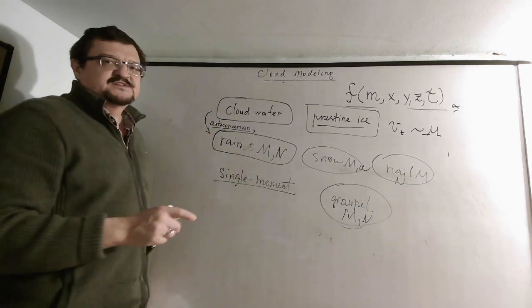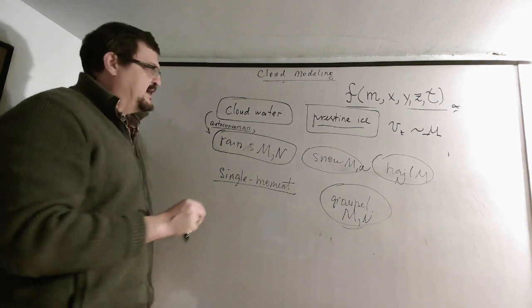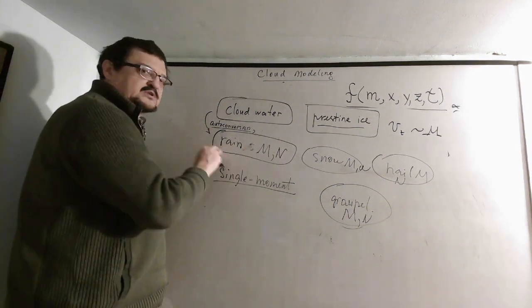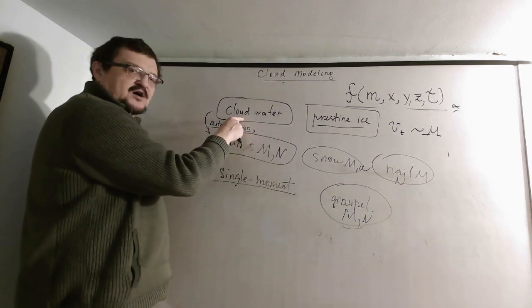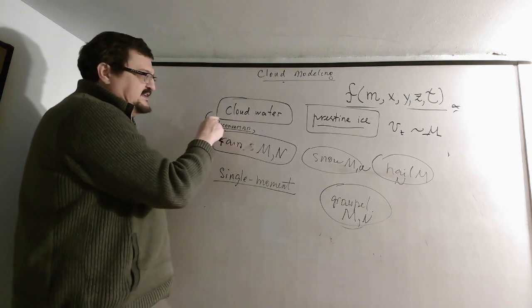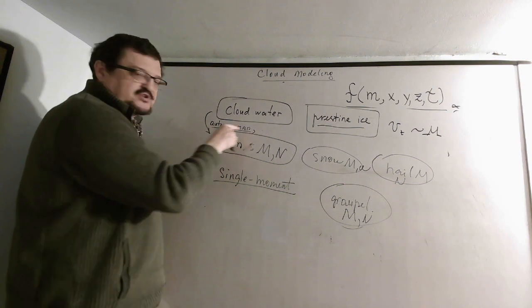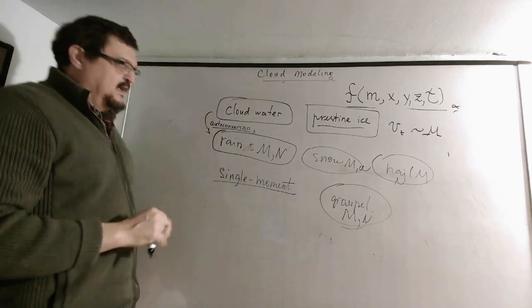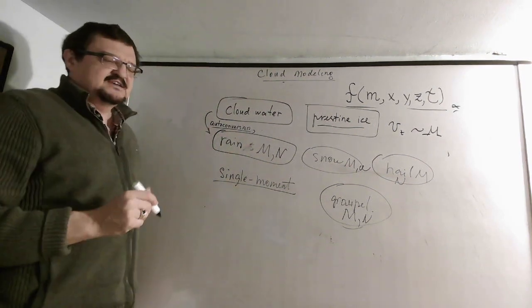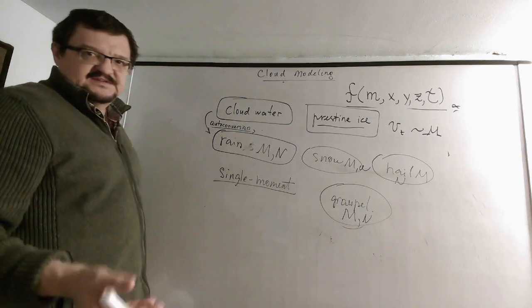But in a bulk microphysics scheme, we need to separate them, because in the beginning, when we don't have rain, we have only cloud water. So we need some process that creates the first initial rain, and this is what autoconversion does. And the autoconversion rate can be modeled in many ways.